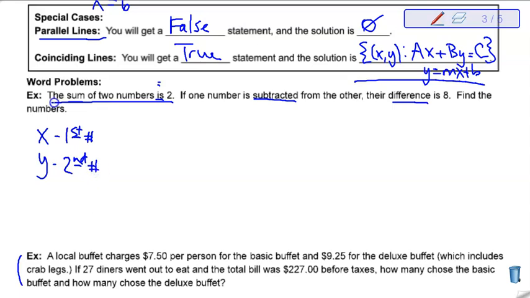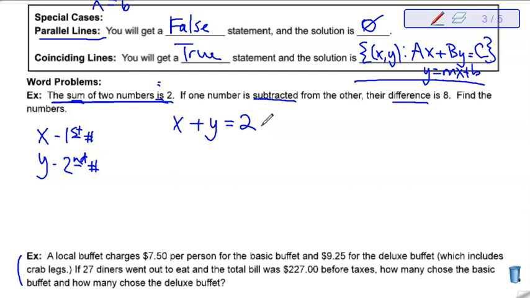So if I go to my first statement, it says the sum of x and y is 2. To sum something, that means we have to add those two things together. So that means I have to add x and y, equals 2.